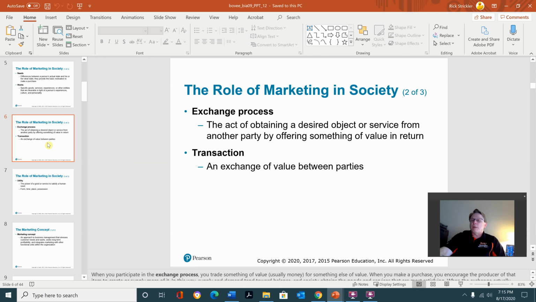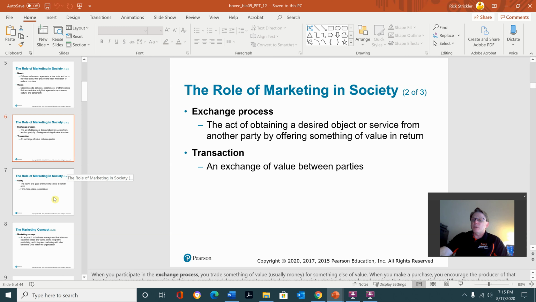Is this object or service for $5 worth a half hour of my work? And then you have to decide if the value of the item or service is greater than the value of how much time and effort it took you to make that money. Okay? And that's how we decide whether to purchase something or not.